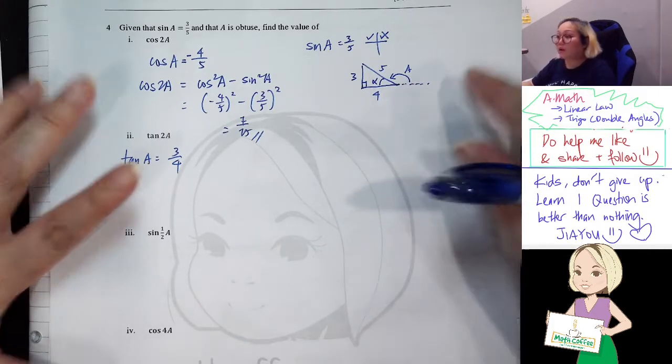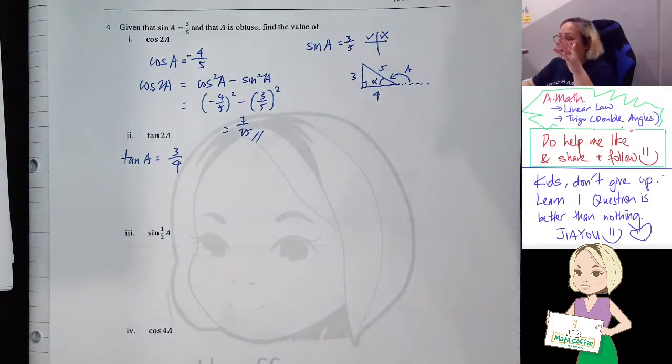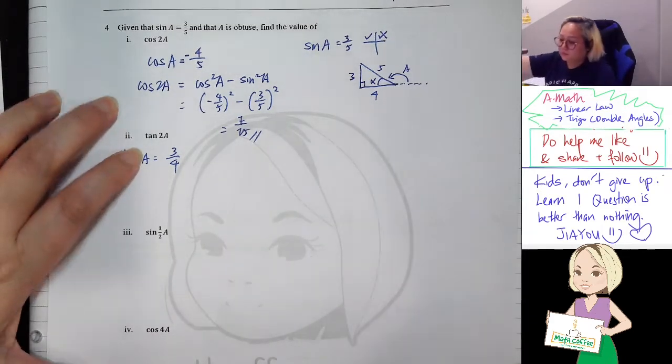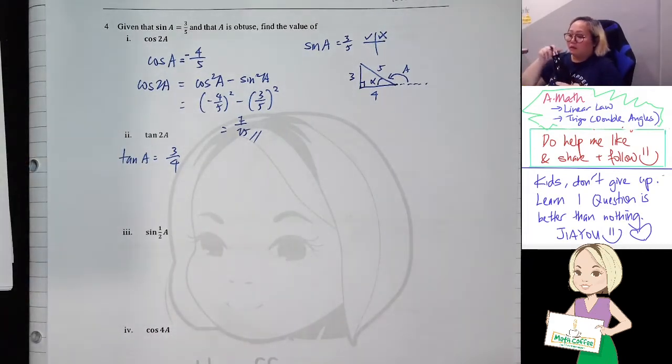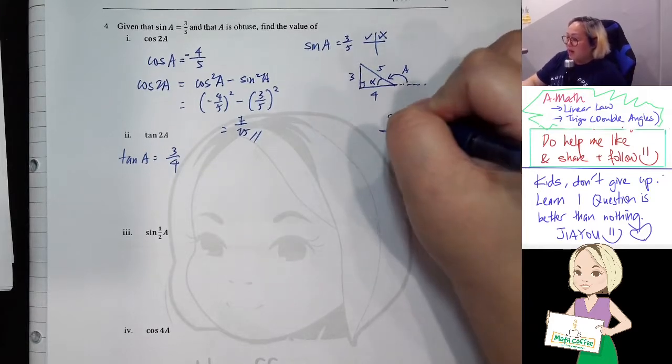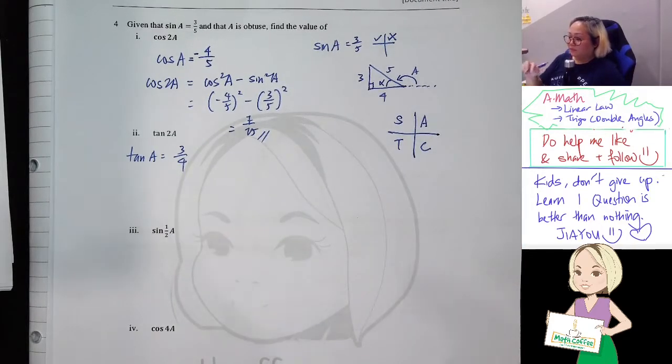Yes, because, okay, just take for example, if your basic angle is 30 degrees, you go in the calculator sine 30 and then key in the calculator sine 150 degrees. It will give you the same ratio and both are positive. You must know this, as in this is A, S, T, C.